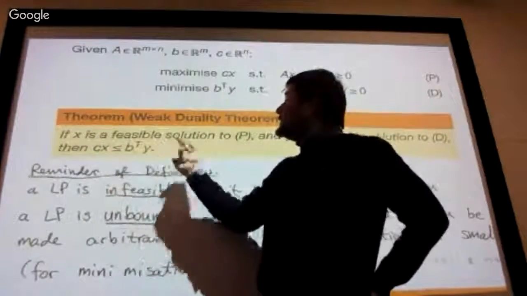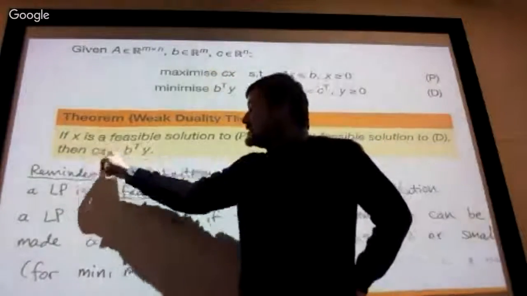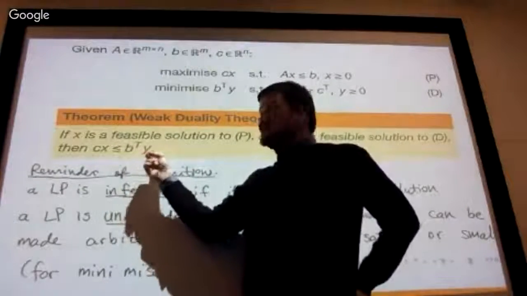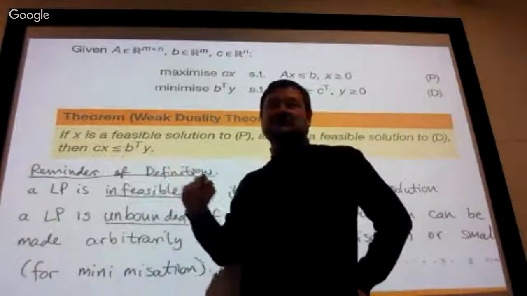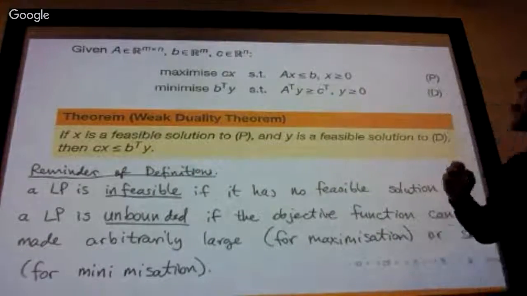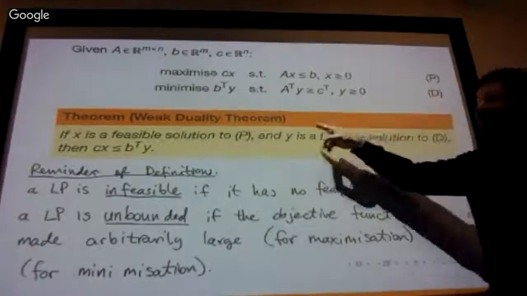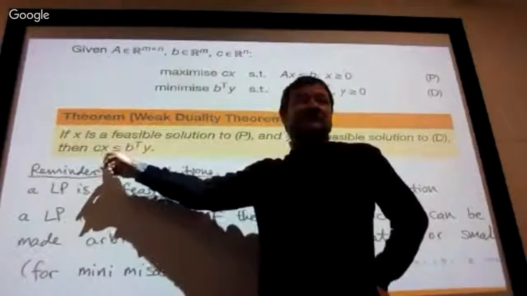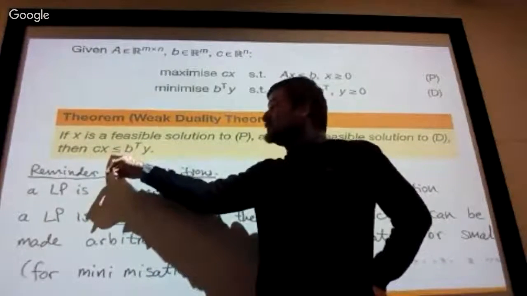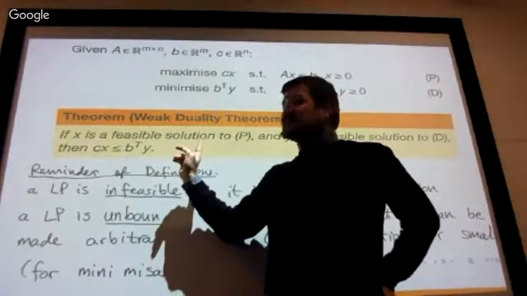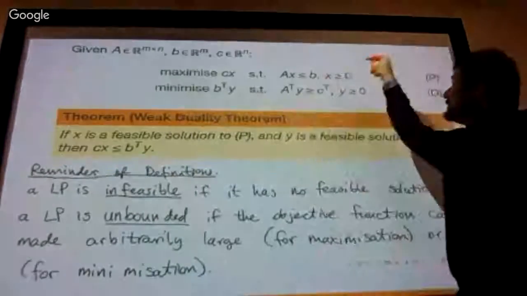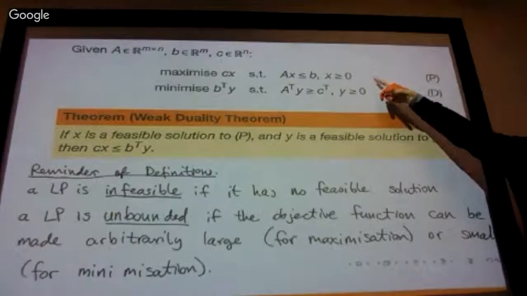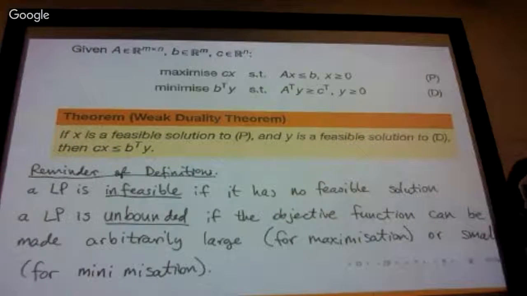Symmetrically, if I find a feasible solution to D, I get an upper bound, and I can't increase the primal objective beyond this number. So because of the weak duality theorem, if P is feasible, D can't be unbounded. And if D is feasible, P can't be unbounded. Those are kind of easy observations.